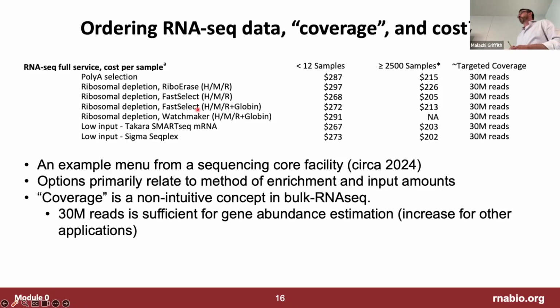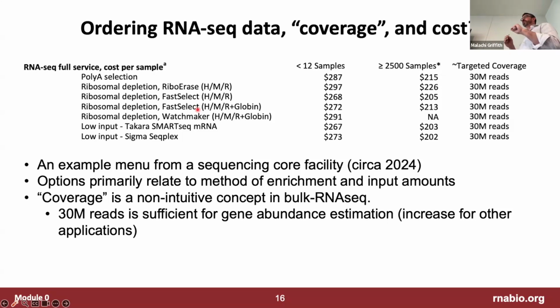So maybe you're hoping to annotate the transcriptome of your unusual critter for the first time, and you really want to make sure you cover all of the transcripts robustly from end to end. Or maybe you're interested in lowly abundant molecules, or in alternative splicing, or you want to measure the expression of specific nucleotide alleles.